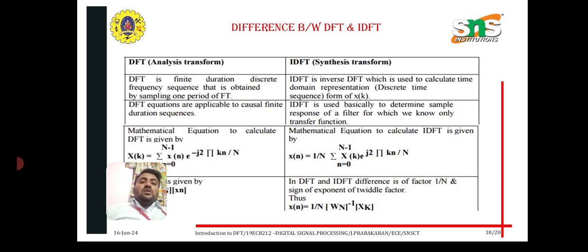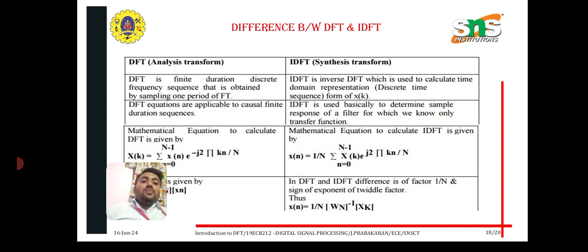We know the input sequence of DFT is time domain and the output sequence of DFT is frequency domain. Similarly, the input sequence of IDFT is frequency domain, and the output sequence of IDFT is time domain. DFT equations are applicable to causal finite duration sequences.